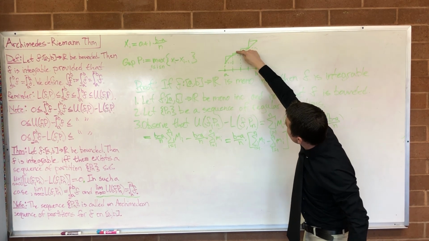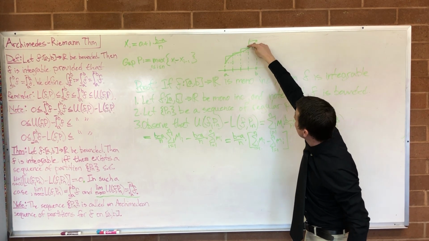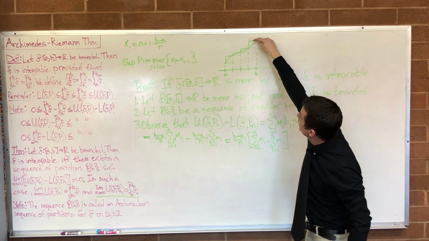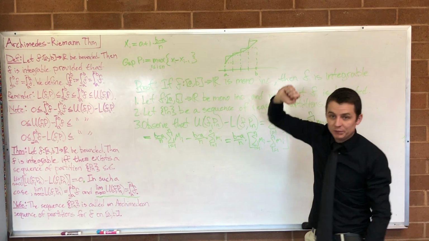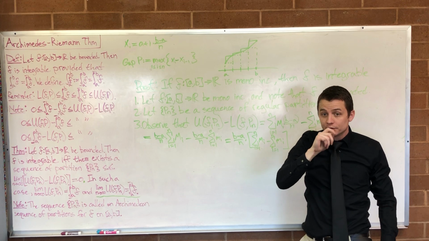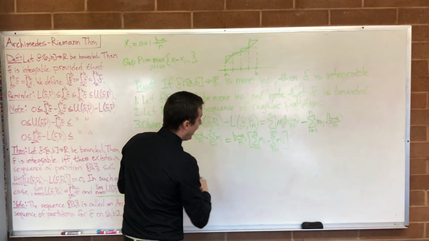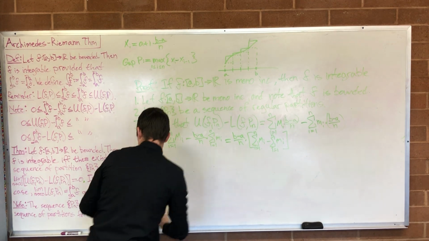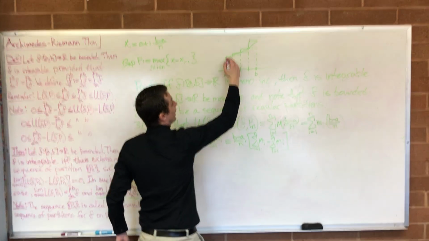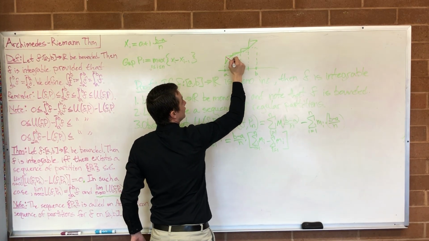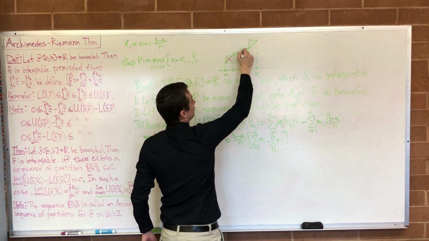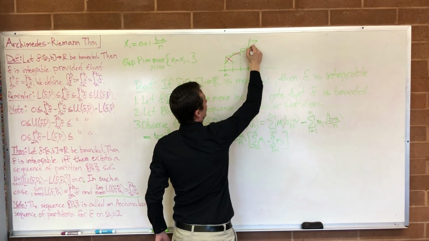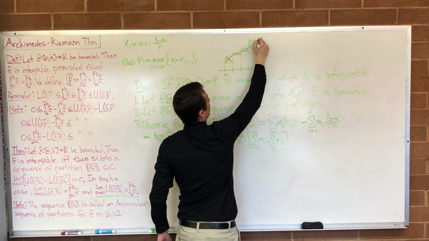Here we're talking about big M sub 2 minus little m sub 2, here big M sub 3 minus little m sub 3, and here big M sub 4 minus little m sub 4. So when i is equal to 1, we're adding up this difference here. When it's 2, we're adding up this. When it's 3, this. And when it's 4, this.